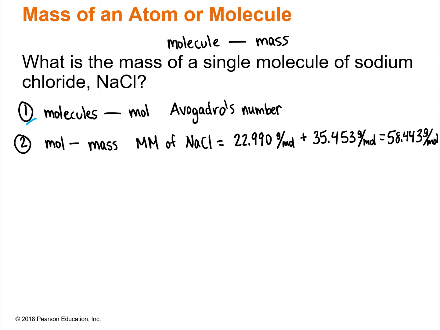We're trying to find the mass of a single molecule. So that's what we're starting with. Then we're going to use Avogadro's number to convert that to moles.